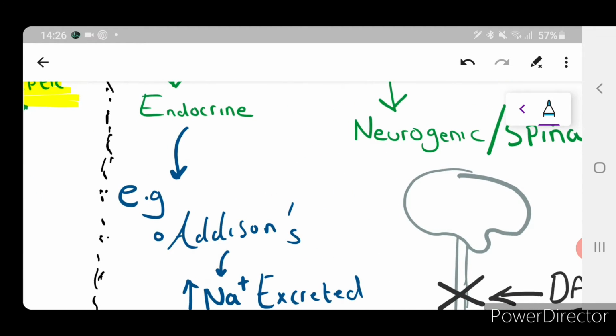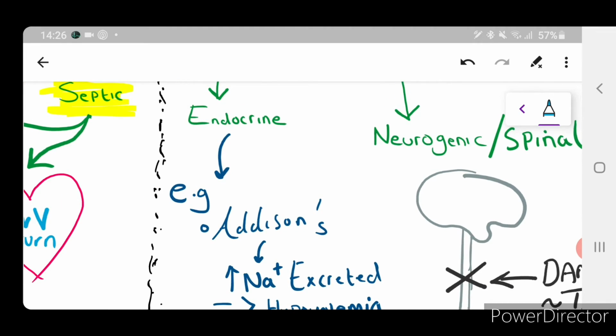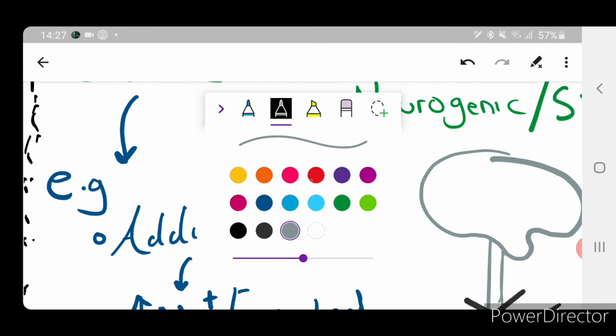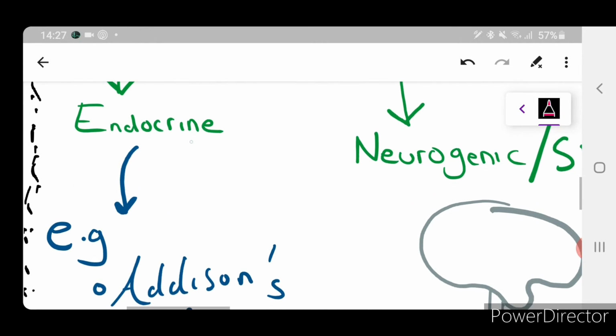Endocrine, now with endocrine, there's many different glands that can cause some sort of impact on the cardiac output, such as thyroid hormone increased or decreased function. However, I'm not going to go into that because this is easier to think of. But let's just put it to the side, just for you to keep in your mind that thyroid hormone can play a part.